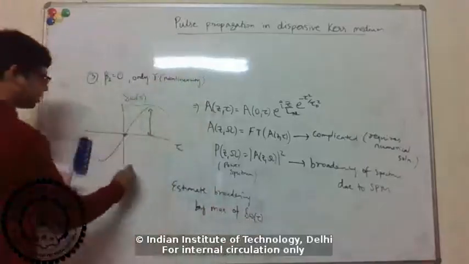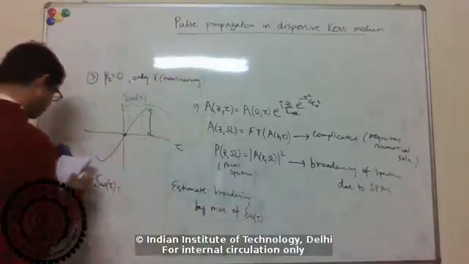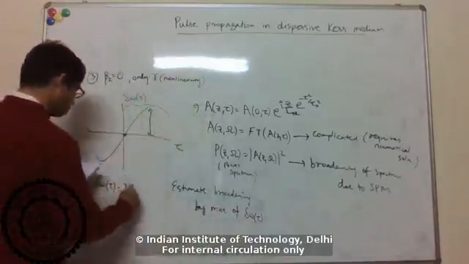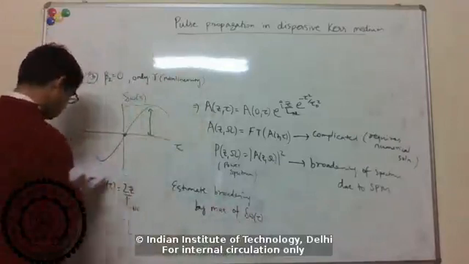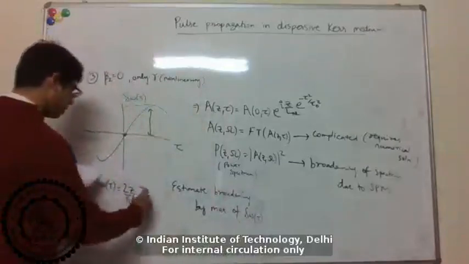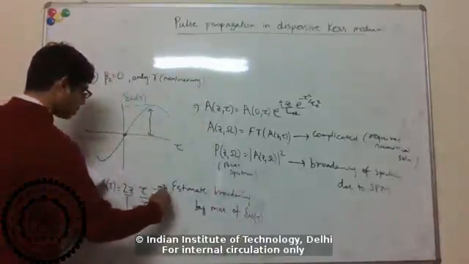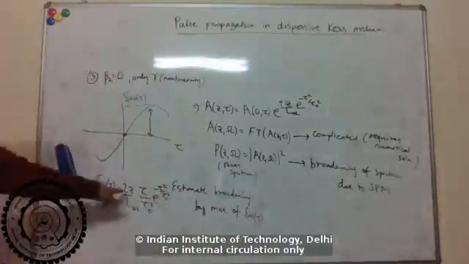Right, so we had an expression for this instantaneous frequency, which I erased, which was 2 z over L_NL, tau over tau naught squared, times the Gaussian.